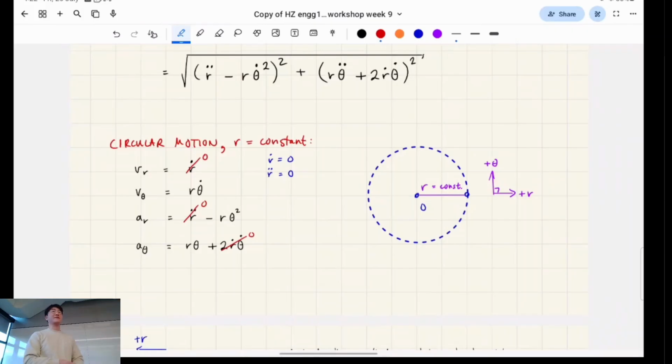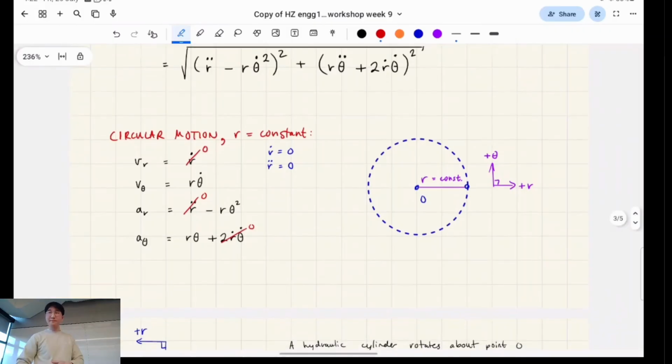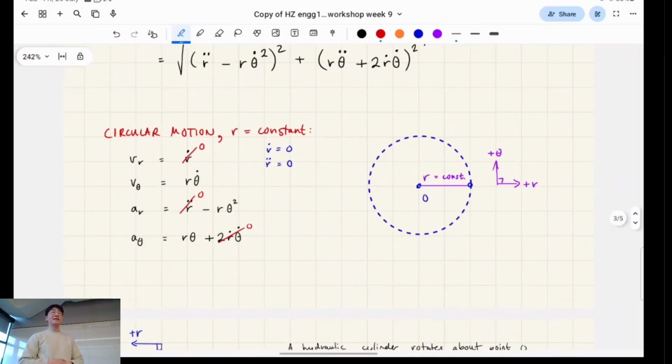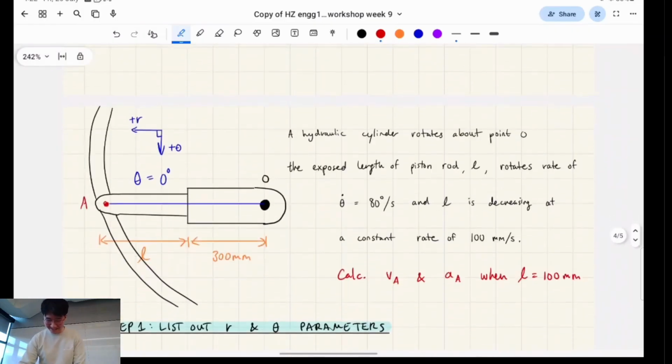That's a specific case of curvilinear motion for circular motion. I'll let you copy this down if you want, but this isn't the case that we're focusing on today, so let's not waste any time.